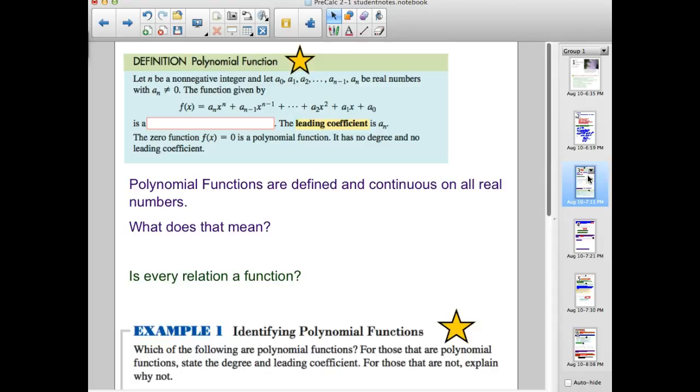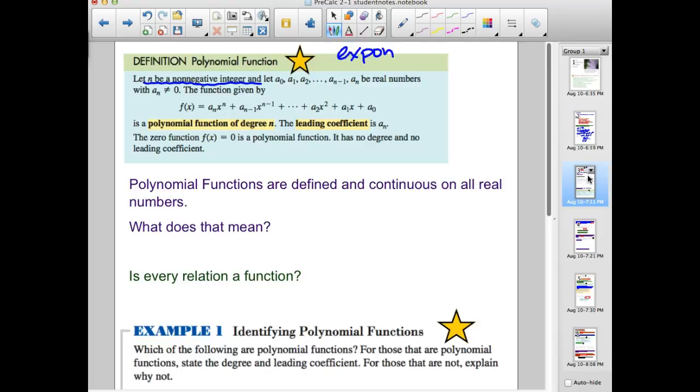Okay, so what makes something a polynomial function? There are two criteria. Your exponent has to be a non-negative integer. That means it can be 0, 1, 2, 3, 4, 5, 6, 7, 8, etc. It just can't be a negative one. The other restriction is that your coefficients have to be real numbers.